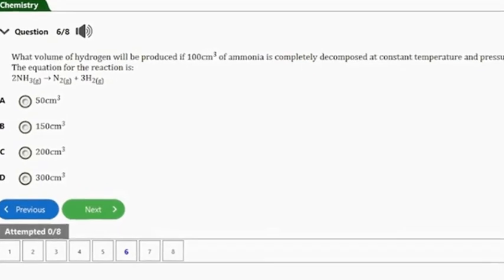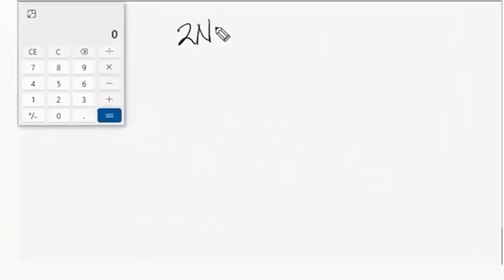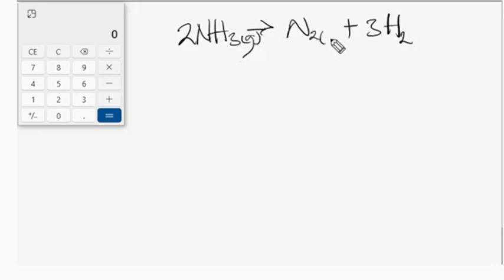ratio. So let's zoom into our workspace here. So we have 2 NH3 decomposing to form N2 plus 3 molecules of hydrogen. So guys, these are all gases.